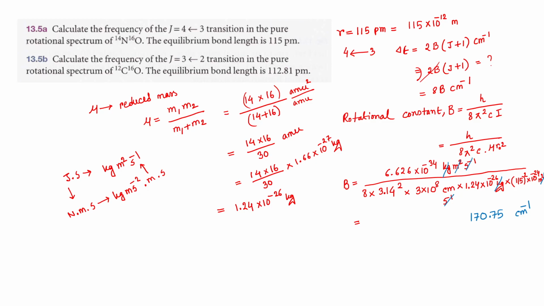You multiply this, you have 10 to the power 2 into 1.7075, which is 170. So actually the B value is coming as 170.75, which is a little odd, but for the time being let us believe that.